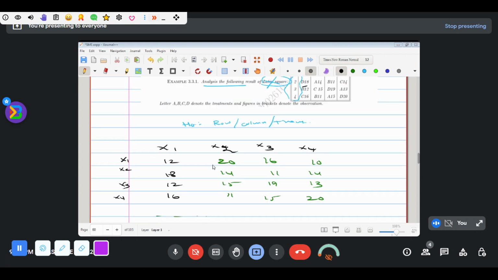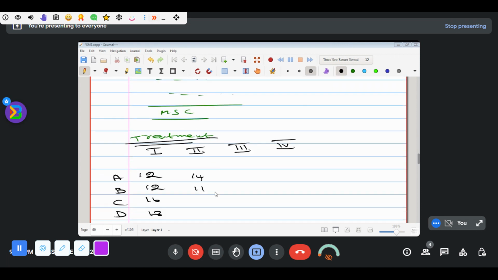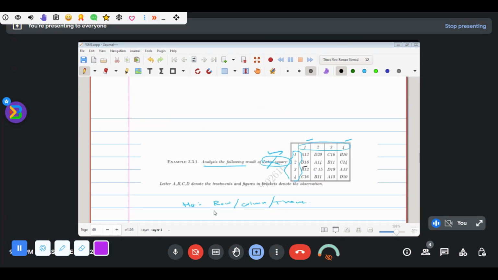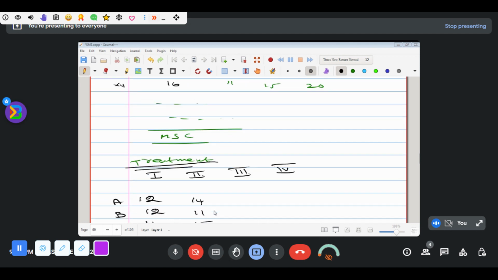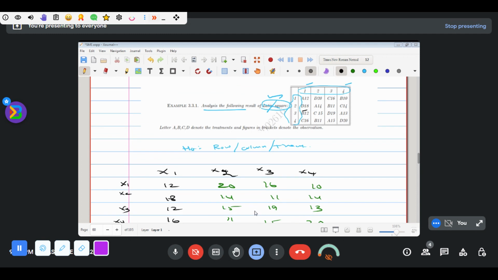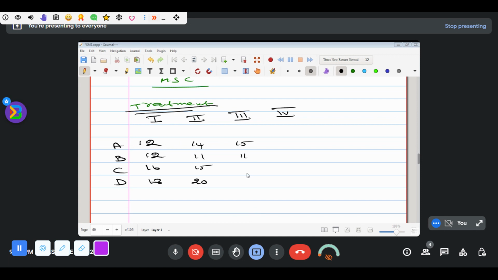The other values are C, 15 and 20. And for the remaining, the A value is 15, 11, and the C and D values are 16, 19. Okay.